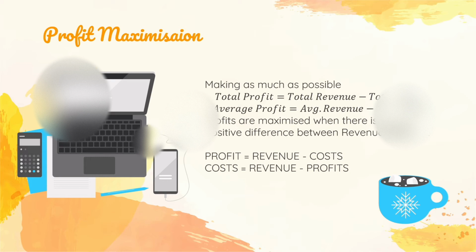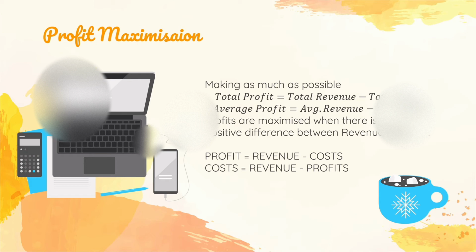We have learned about average and total revenue. Profits are maximized when there is a great positive difference between revenue and cost. So when there is a positive difference between revenue and cost, at that moment the profit is maximized. For example, if your revenue was $10 and your cost was only $5, the profit is $5.